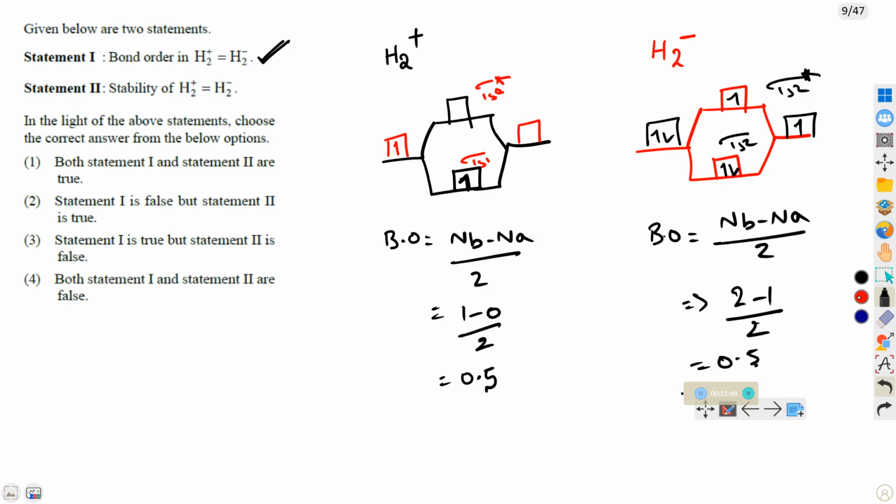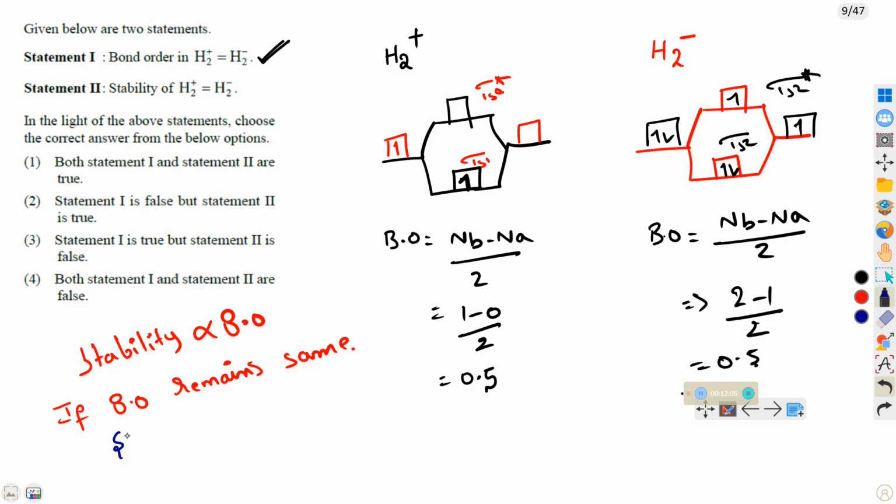Now stability. First point: stability is directly proportional to bond order. If the bond order remains the same, then stability depends on the number of anti-bonding orbital electrons.